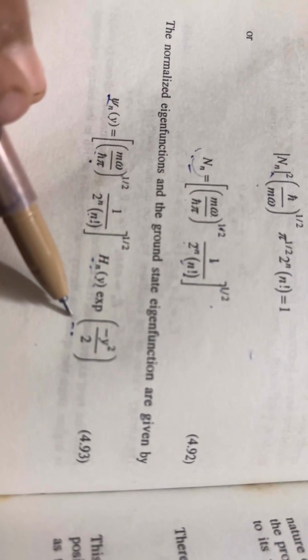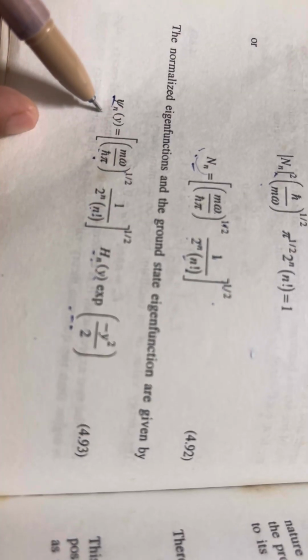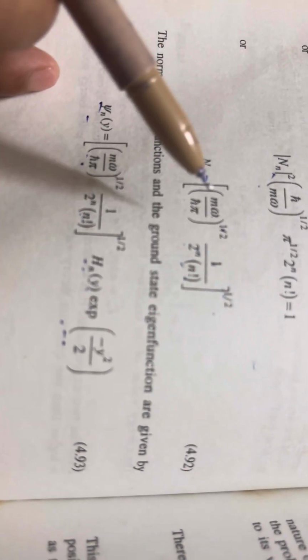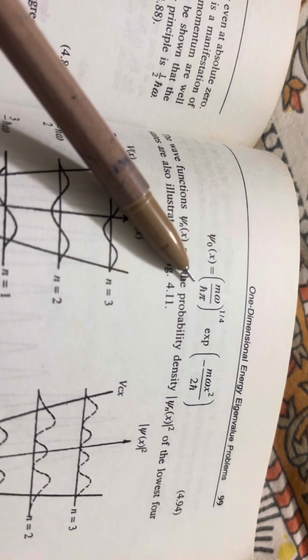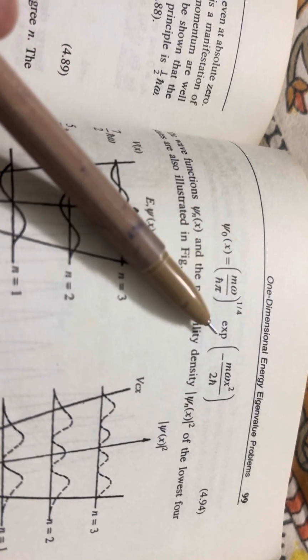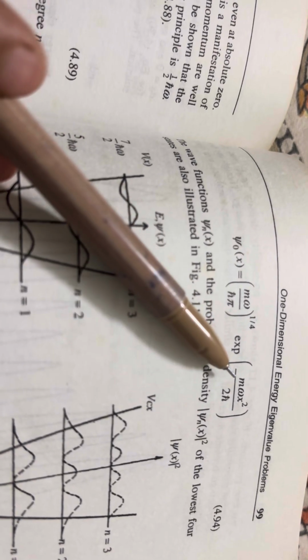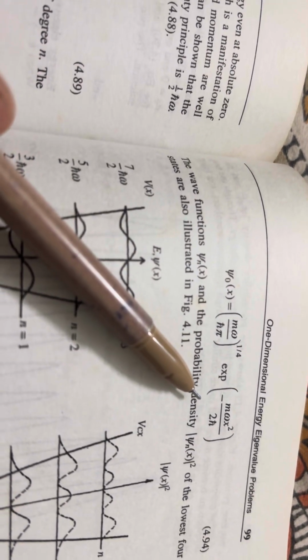Finally, if n equals 0, you will get psi 0 of x equals m omega by h cut pi whole power 1 by 2 exponential of minus m omega x square by 2h cut.